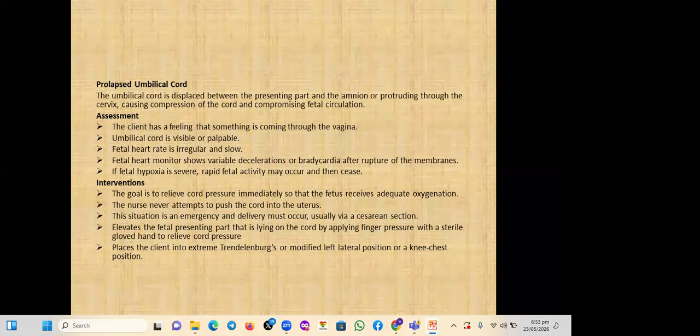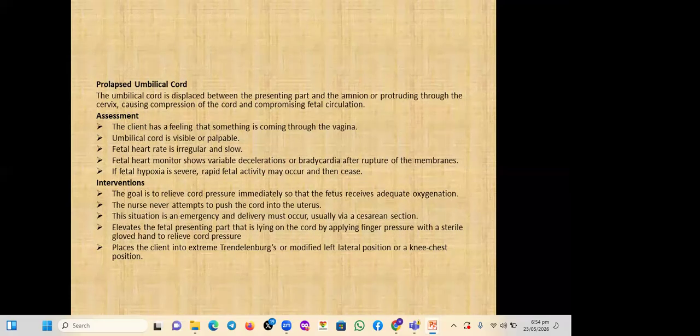Because the person is not at term and has ruptured. So the healthcare provider would weigh whether to keep the pregnancy, depending on the state of the fetus, and whether they can prevent the infection. That will be done.